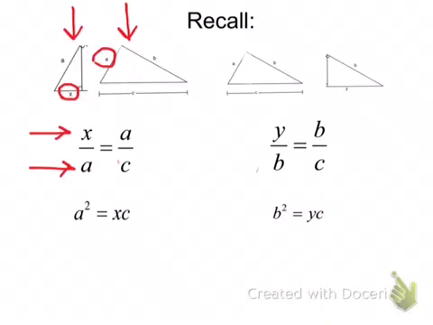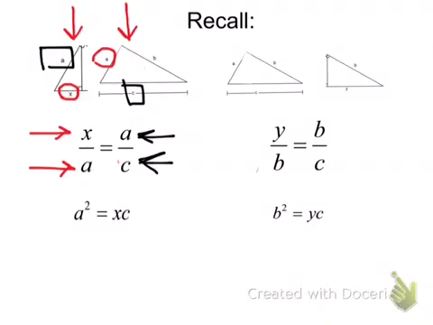And then I want to compare that to the hypotenuse. My hypotenuse for my small triangle is A. My hypotenuse for my large triangle is, I'm sorry, it's not B, my hypotenuse is C. So I said A over C.